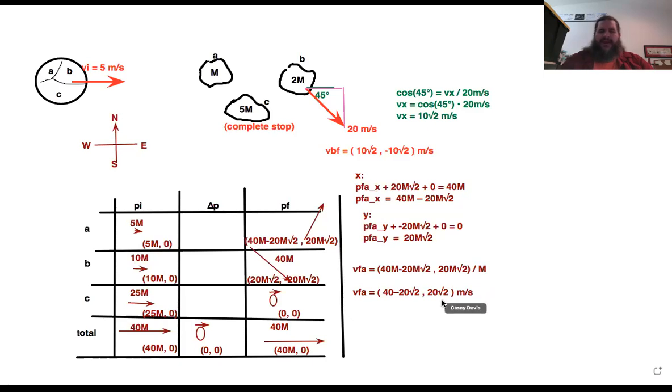If we wanted to figure out how fast this is actually going, what would we do? If we want to know the speed. Oh, we'd have to use the Pythagorean theorem. Yeah, the Pythagorean theorem would work well here because we know the components. The final velocity is presumably somewhere mostly north and a little bit east.